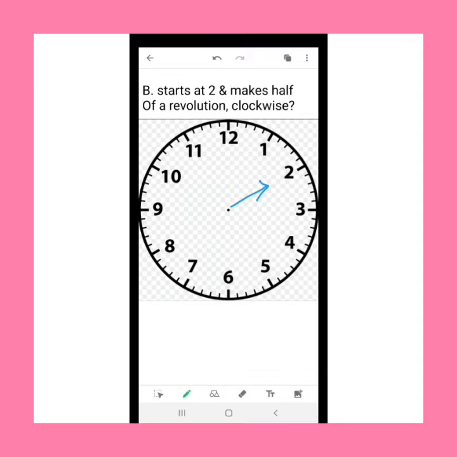Again, a full revolution would start from 2 and reach 2 again. Half means exactly the opposite number to the given number, so it is 8. This will be your half revolution, so in the answer you can say it is at 8.